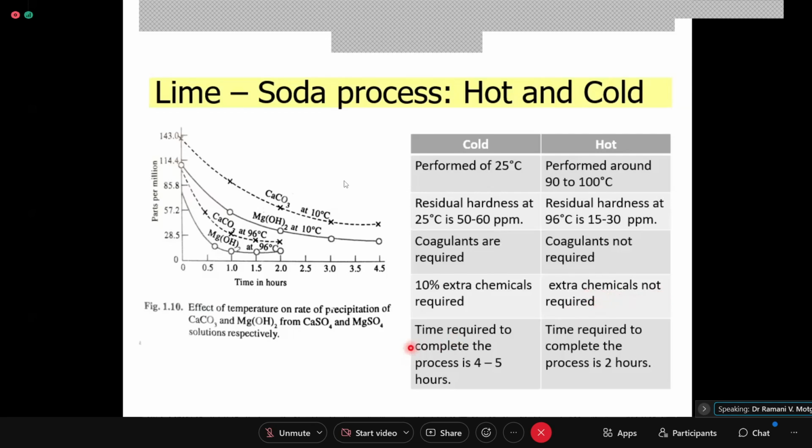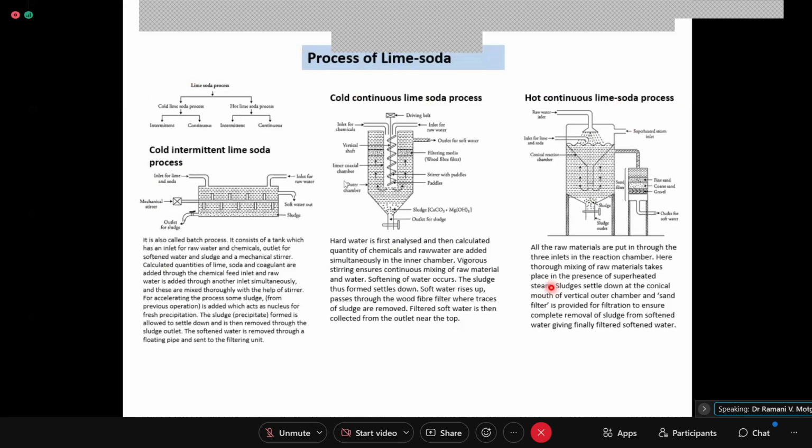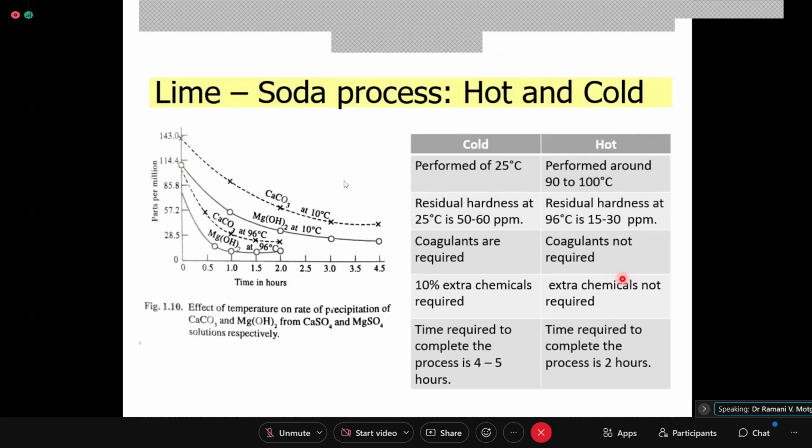Okay, then time required to complete the process is 4 to 5 hours in cold process, whereas in hot process the time required is 2 hours. Okay, now the same thing what we have discussed here, this is a cold batch process, cold continuous process, this is hot continuous process.